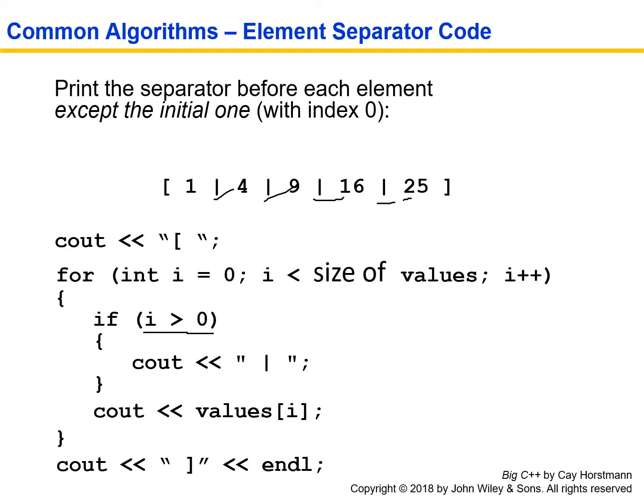And then before we enter the for loop, we print out this first square bracket, and after we exit the for loop, we can print out this last square bracket. You could also, if you were doing a list of names and you wanted them separated by commas, just replace the vertical bar with a comma, and maybe you put a period at the end after you've written all your values out.